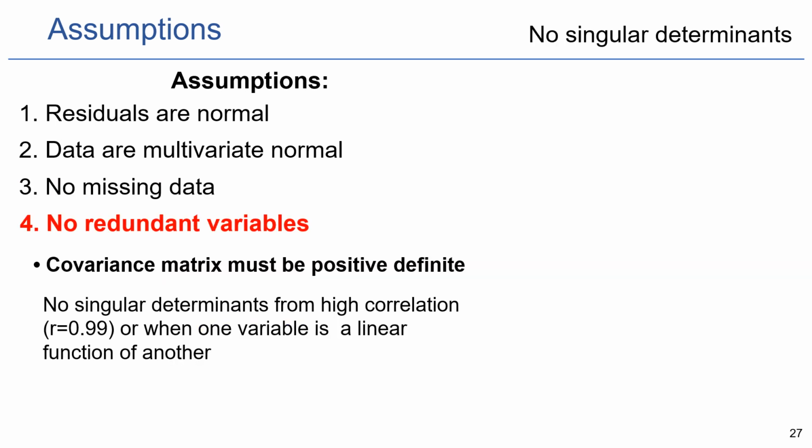Another important assumption is that we don't have redundant or singular variables in our model. These are highly correlated variables, or variables where one variable is a linear function of another variable. If we have such redundant variables, then our covariance matrix can be non-positive definite.